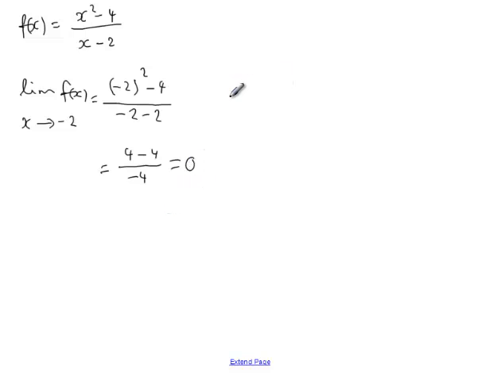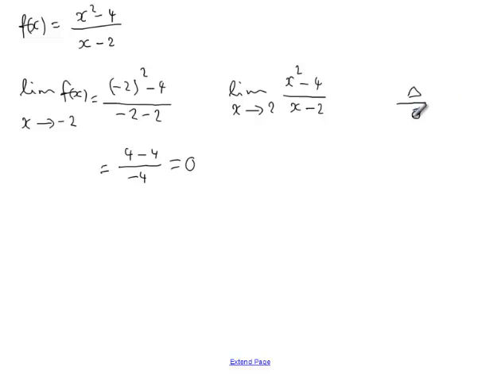But if we were to analyze the behavior of this function as x is approaching 2, let's say we're getting the limit for this. At first glance, we can see we're going to have a problem in the denominator, something over 0.